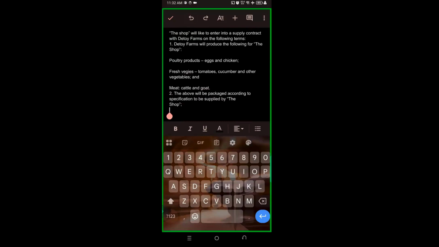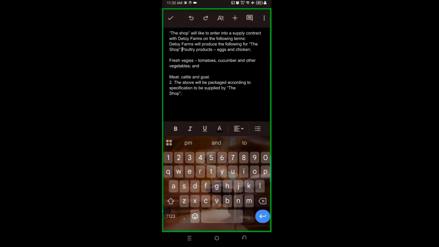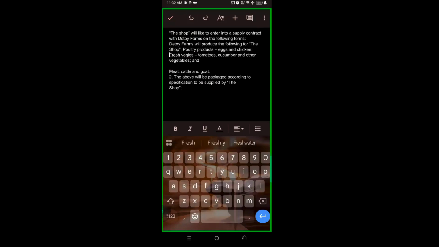You can see that this makes a lot of sense. Let me do it properly. The supply of the items and meat. You can see it makes a lot of sense now.